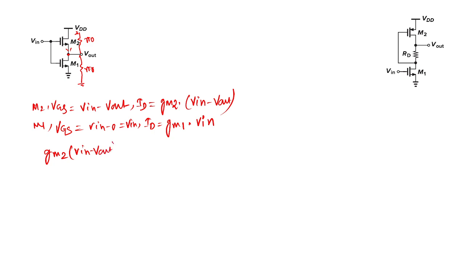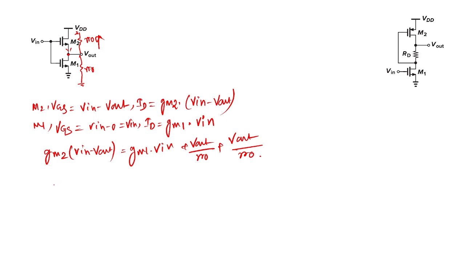What is the outgoing current? Minus gm1 into Vin, and in the top direction what is the output current? Vout by RO. In the bottom direction, Vout by RO.